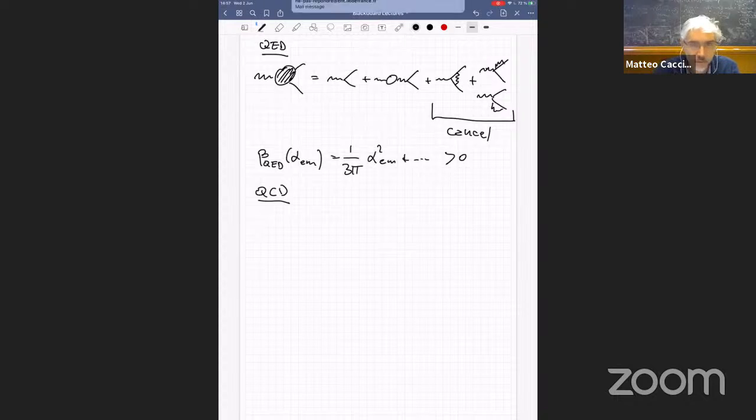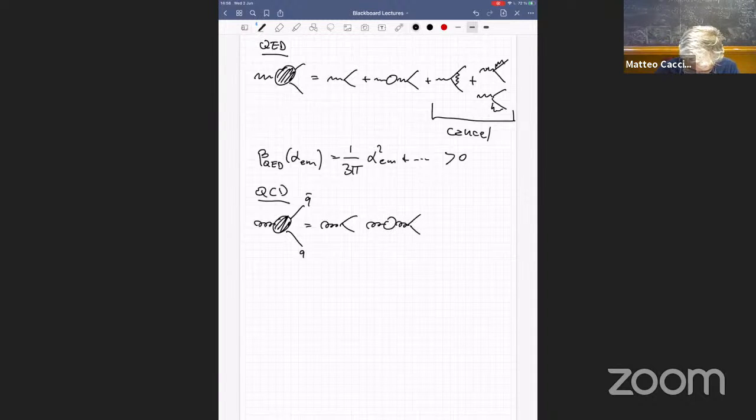Okay, so QCD. In QCD, again, you want to do something similar. Now, let's say you have a gluon and you want to measure its interaction with quarks. What diagrams do you have to deal with? Well, it happens that some of them are quite similar.